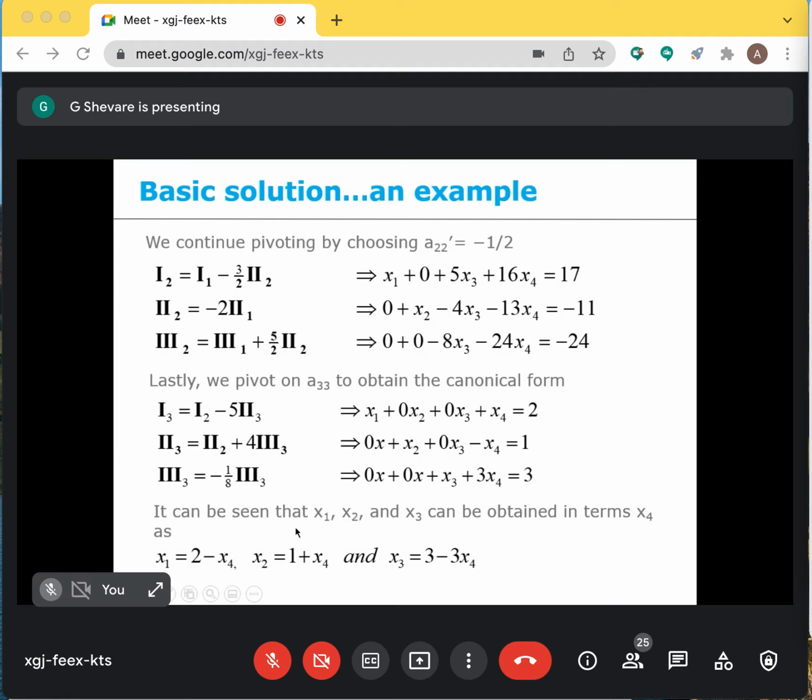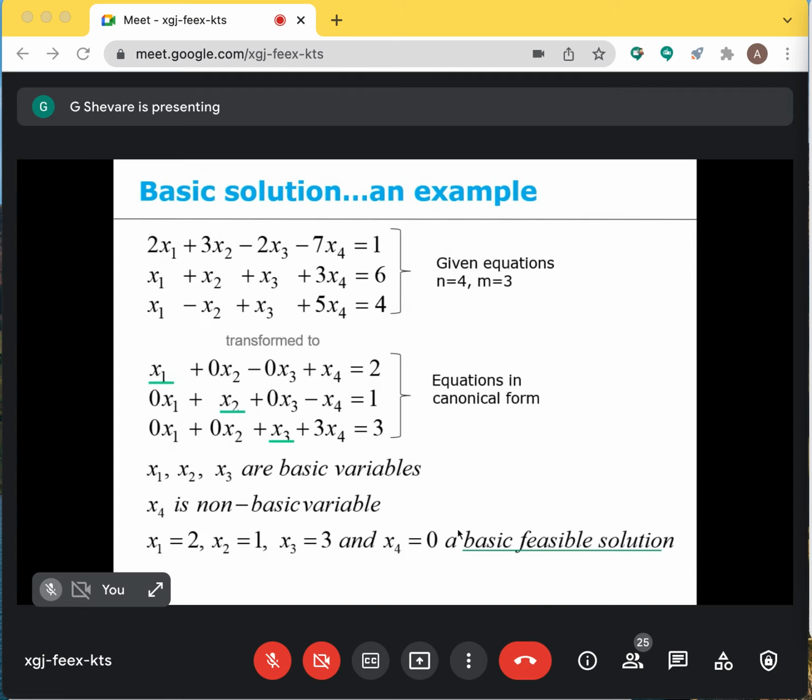It can be seen that x1, x2, x3 can now be written in terms of x4 like this: 2 minus x4, 1 plus x4, and 3 minus x4. So I can choose whatever value of x4 I choose. If I choose x4 equal to 0, you get the basic feasible solution in terms of x1. It is not essential that the pivoting operation is done for x1, x2, x3, but I can do it for something else also.